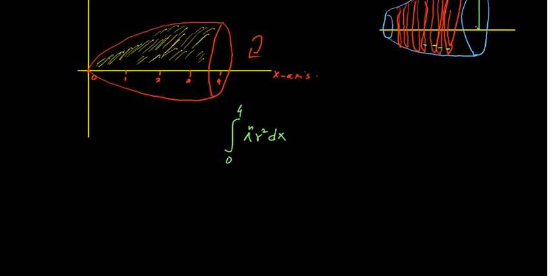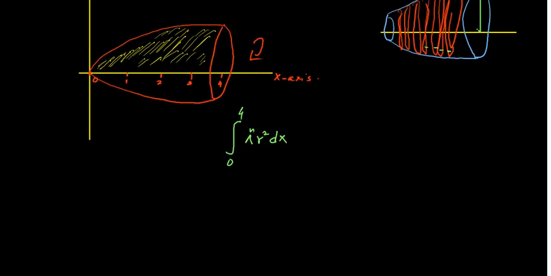As pi is constant, we will take pi outside of the integration, that is pi integral from 0 to 4, and our radius in this case is y. Radius is equal to y, and y we have as square root of x, right? So we can write it as square root of x squared dx.